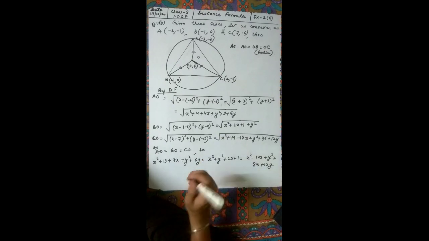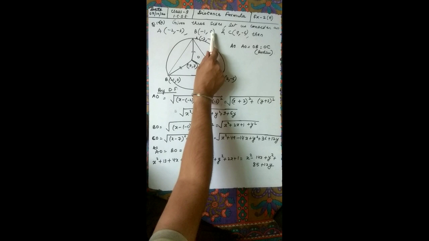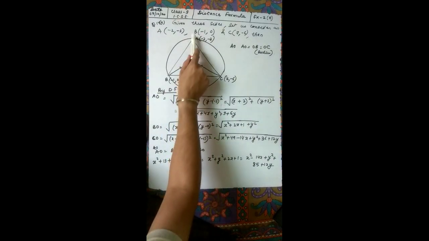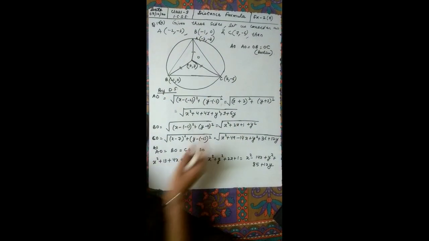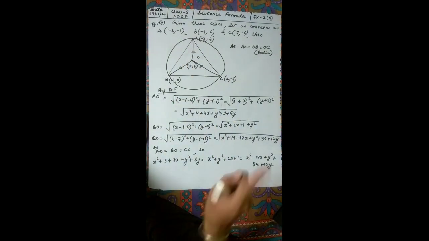First of all, let us understand what we mean by circumcenter and circumradius. In the triangle made by these 3 coordinates, if you make a circle which passes through the 3 vertices of the triangle, the center of that circle is called the circumcenter.